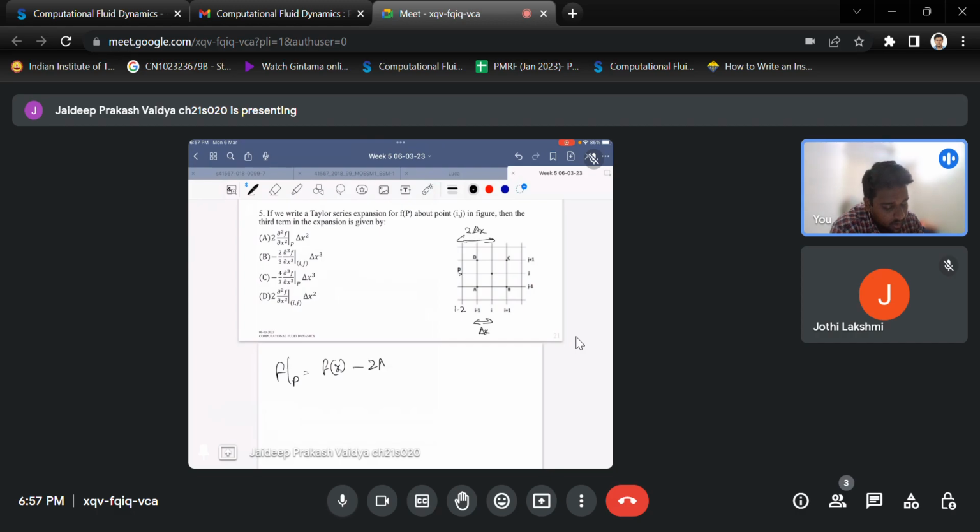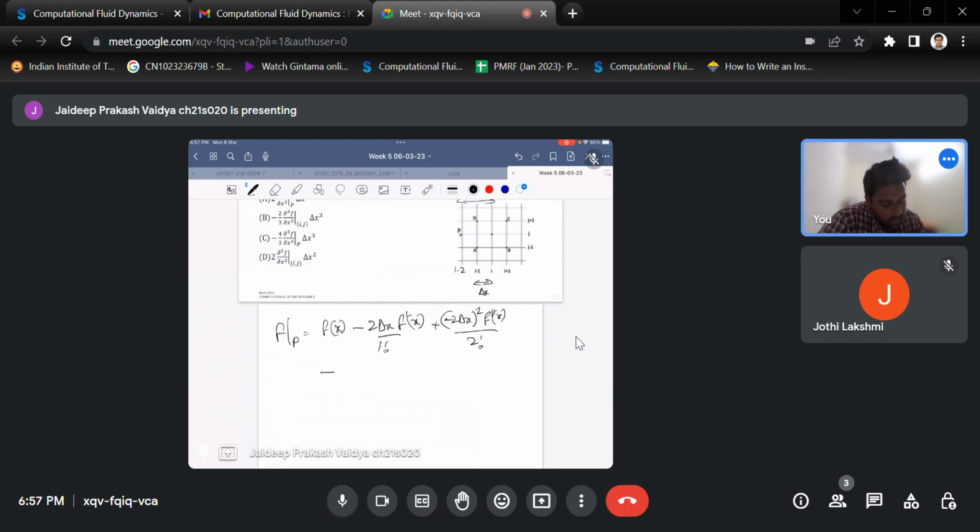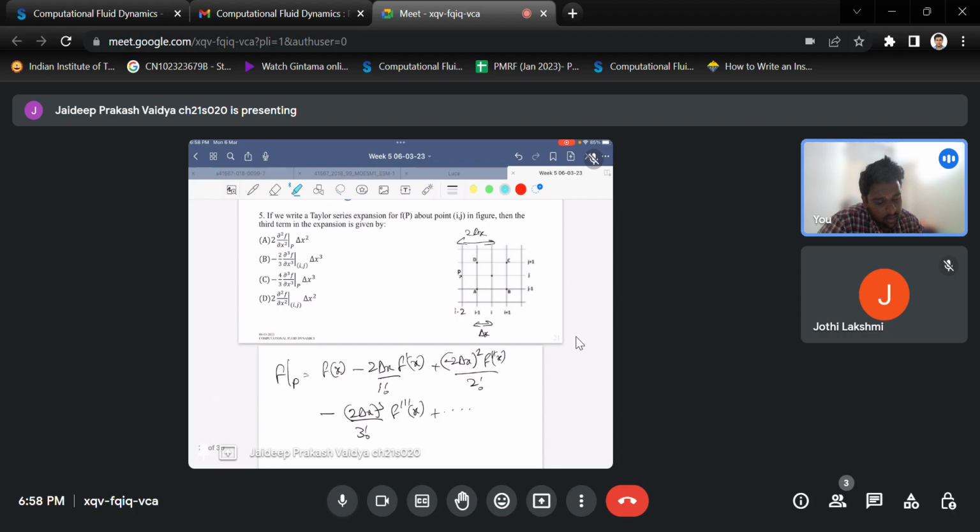So minus 2 delta x into f dash x by 1 factorial, plus minus 2 delta x the whole square into f double dash x by 2 factorial, minus 2 delta x the whole cube by 3 factorial into f triple dash x, plus etc. The question asks for the third term, and the third term would correspond to this one.